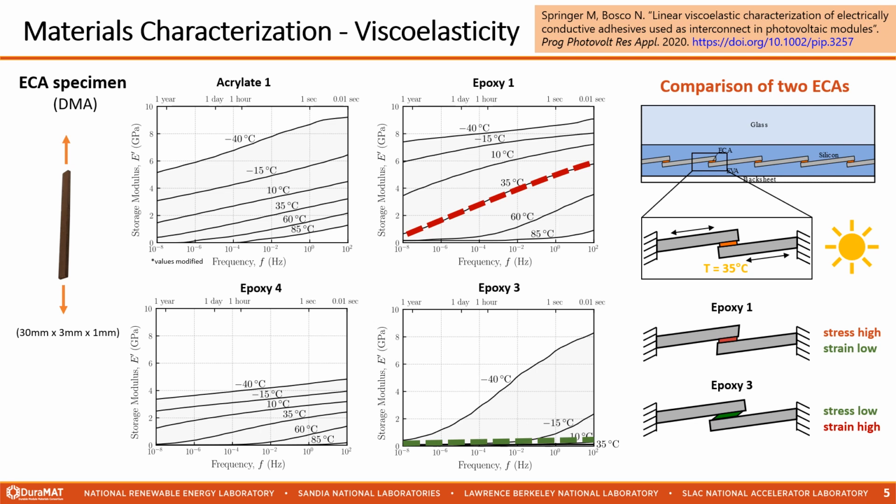This difference in the storage modulus between the two ECAs leads to differences in the stresses and strains inside the ECA joints as illustrated on the right-hand side.